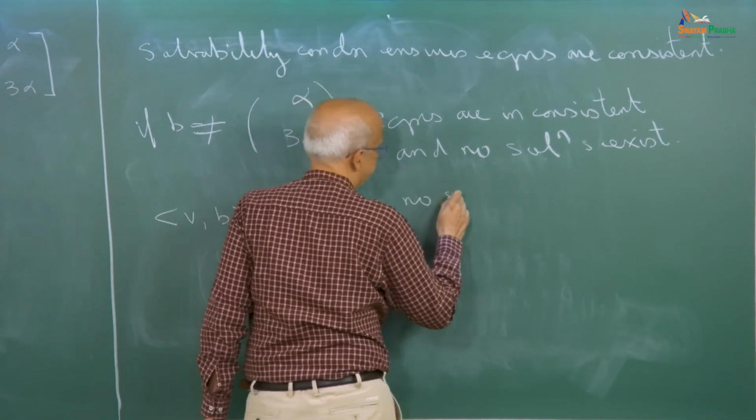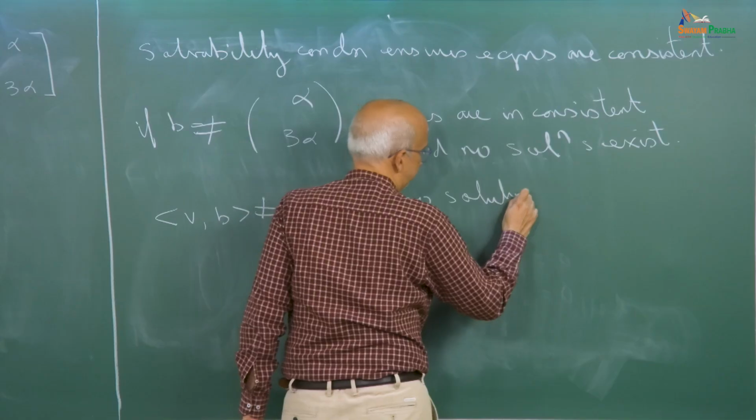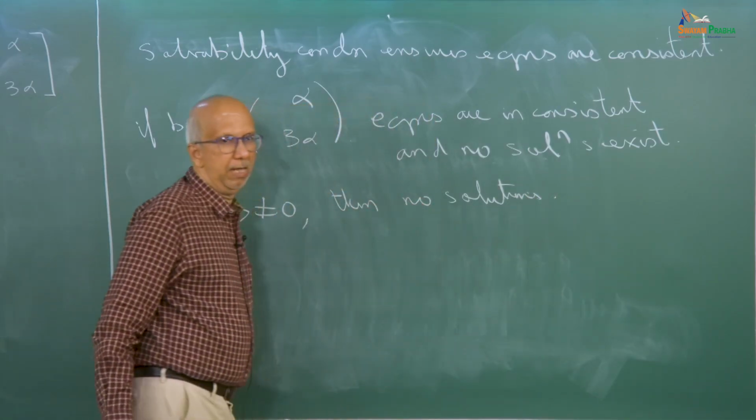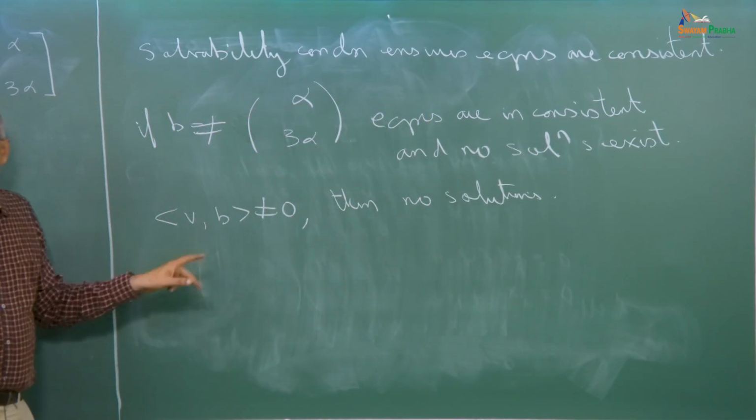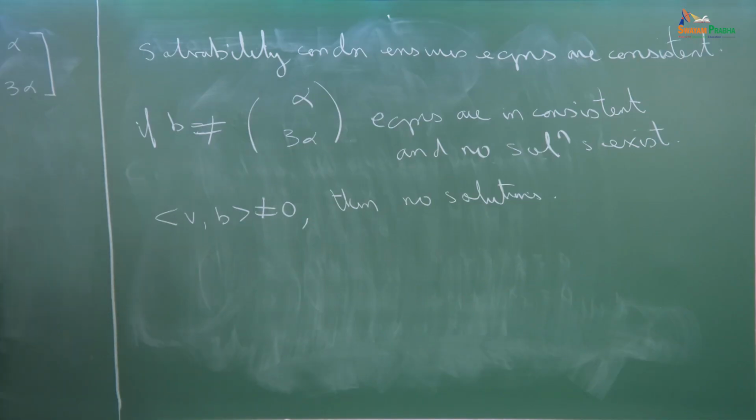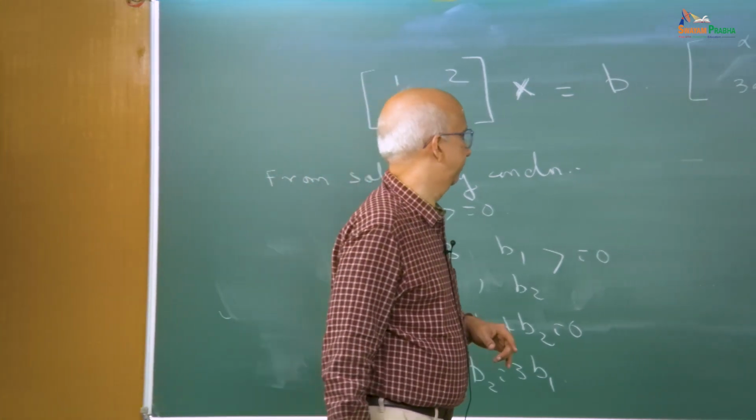No solutions. And I want to emphasize again, V is the eigenvector for A transpose corresponding to lambda equal to 0.